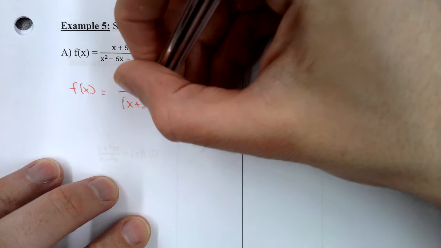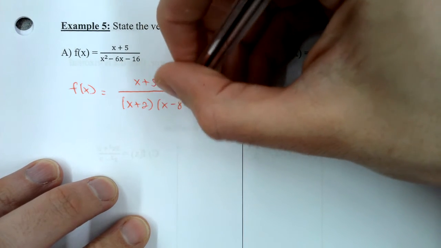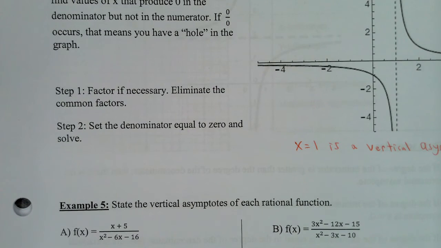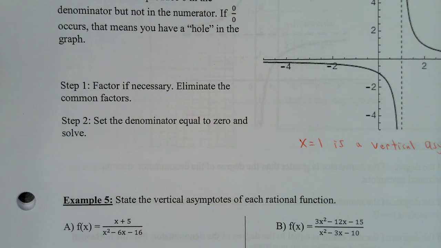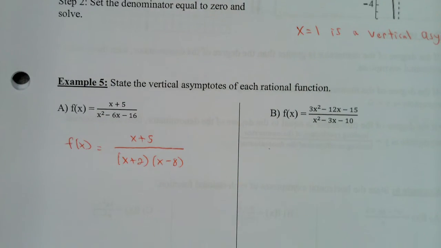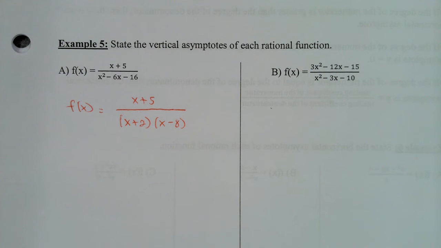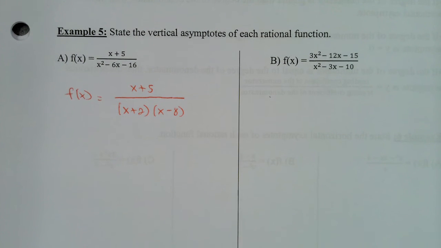It'll be x plus 2 times x minus 8. We have no common factors, so there's nothing to eliminate. Step 2, set the denominator equal to 0 and solve.